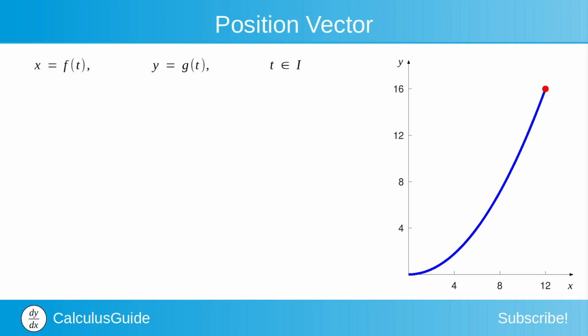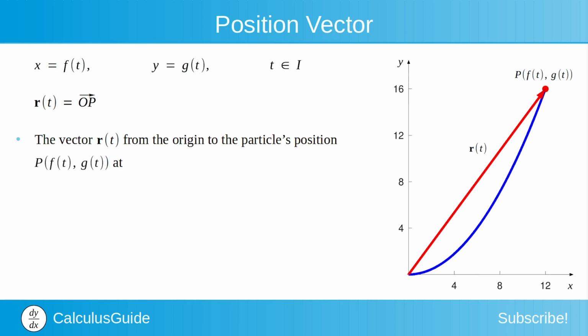I'll now use our current example to describe the position vector. The vector r of t from the origin to the particle's position P, (f of t, g of t), at time t is the particle's position vector.